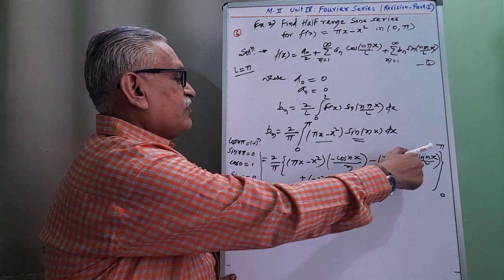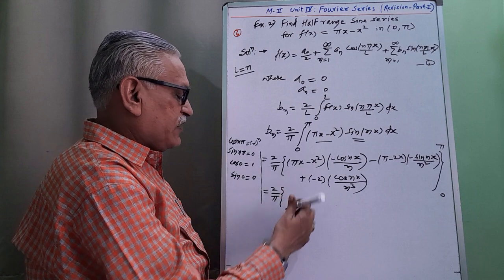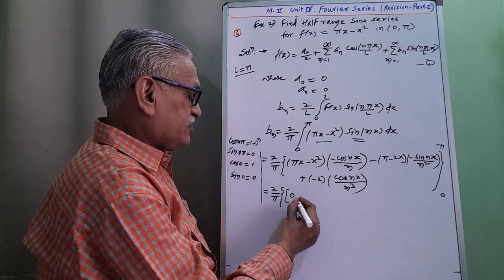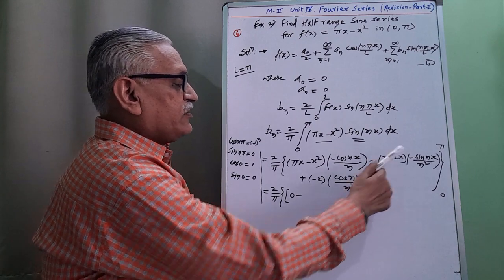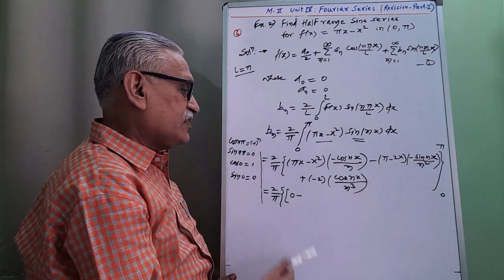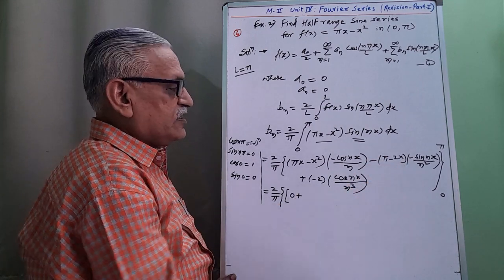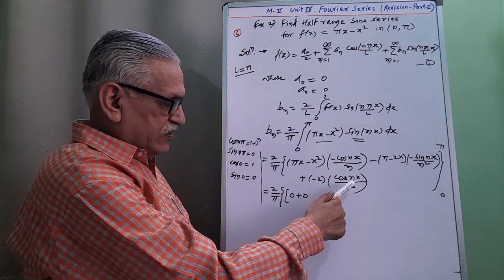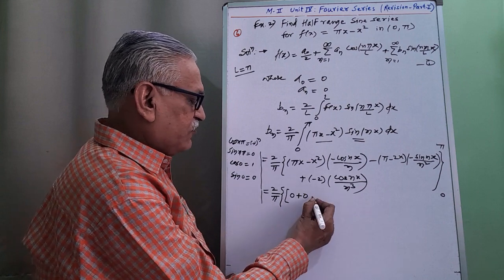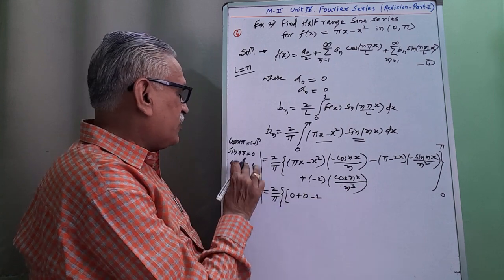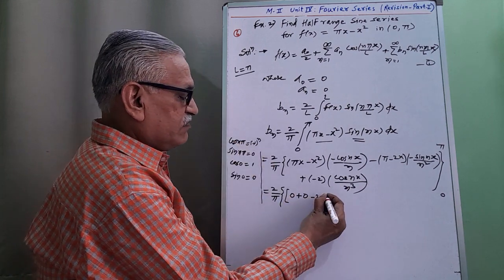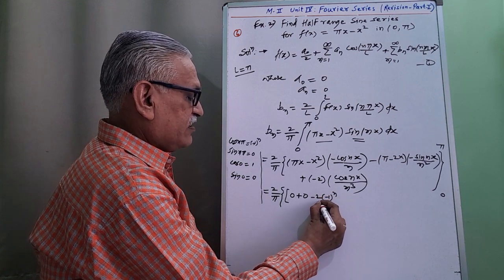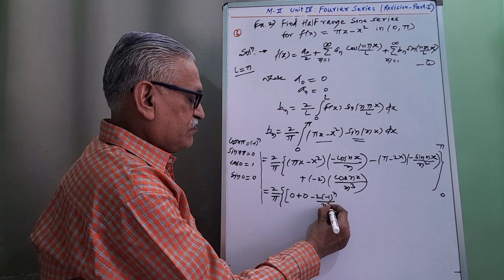Therefore, when we substitute x as pi, pi square minus pi square, that term becomes 0. Minus pi minus 2 pi minus, and again this minus, 3 times minus, therefore it becomes plus. Sin of n pi, it is 0. Cos n pi, therefore it is minus 2 times cos n pi, the value of cos n pi is minus 1 raised to n by n cube.